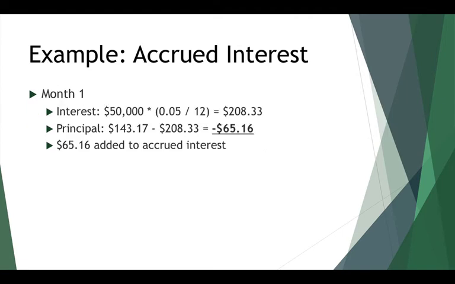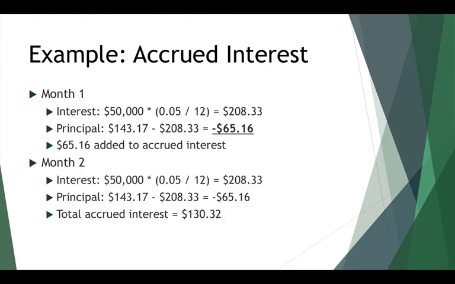Remember that our month one interest that accrued was $208.33. So if your monthly payment is only $143.17, that's less than the interest that's accruing in month one. That means that the difference between those two, $65.16, is added to accrued interest. So this is what month two would look like. Take the same $50,000, multiply by 0.05, divide by 12 for an interest accrual of $208.33.